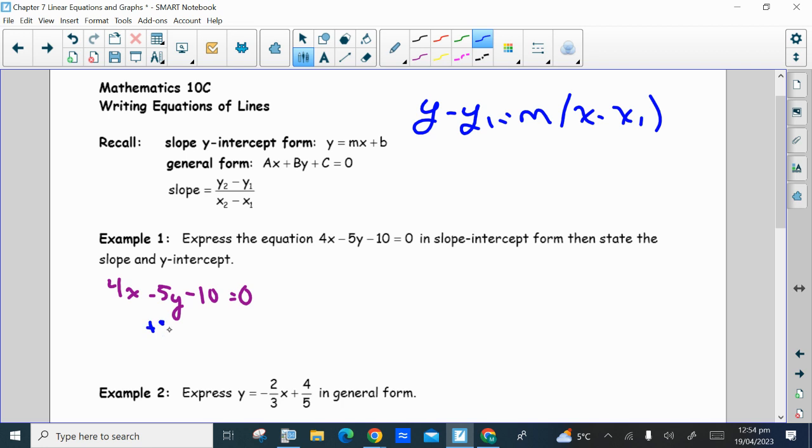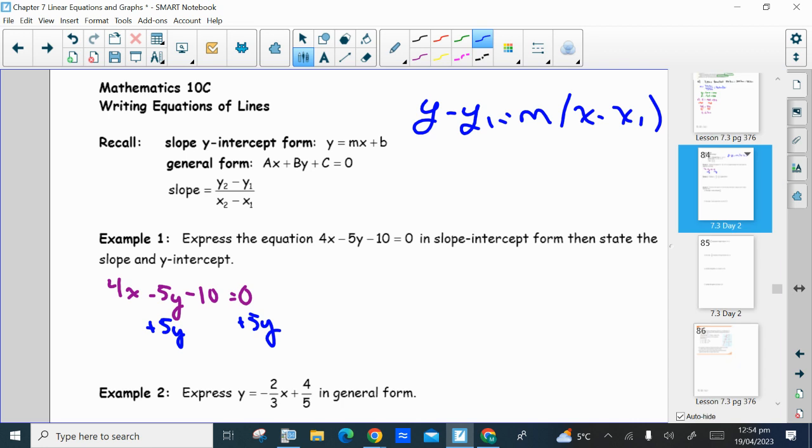So, start by adding 5y to both sides. You want to get positive y by itself, so by doing this, you're getting the y term by itself, and you're also making it positive, which are two things that we want to do.